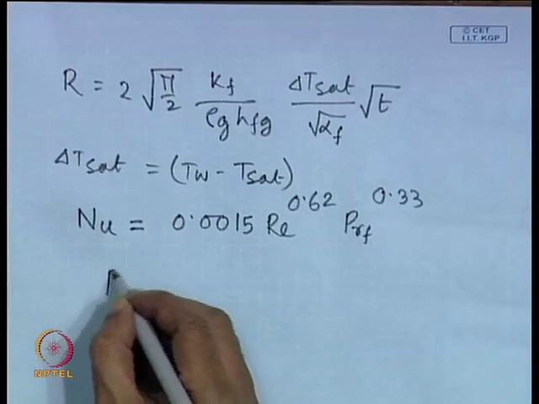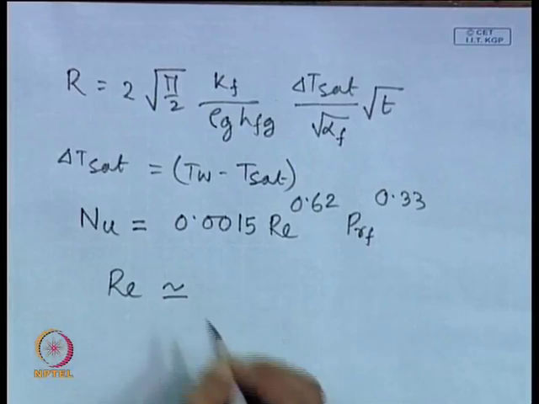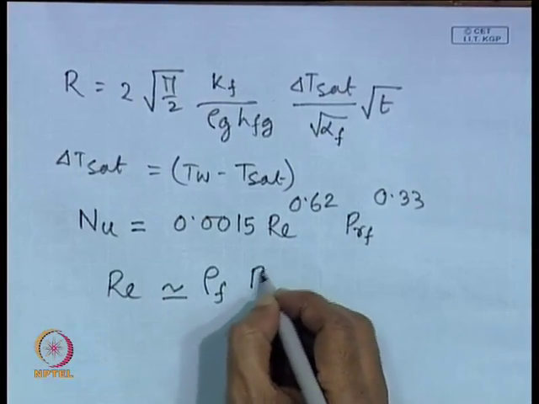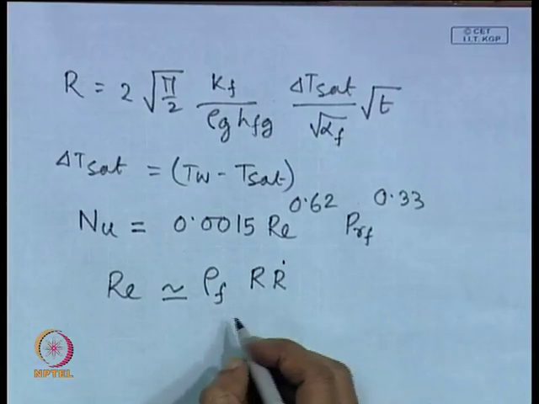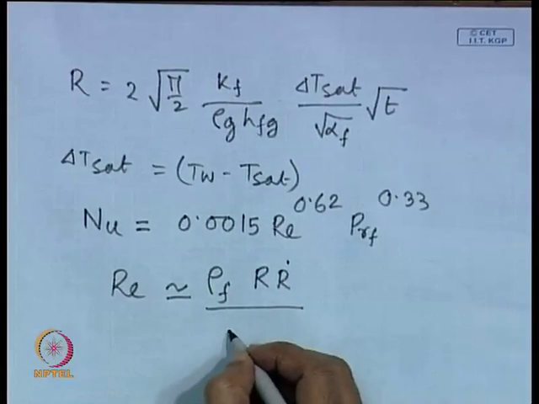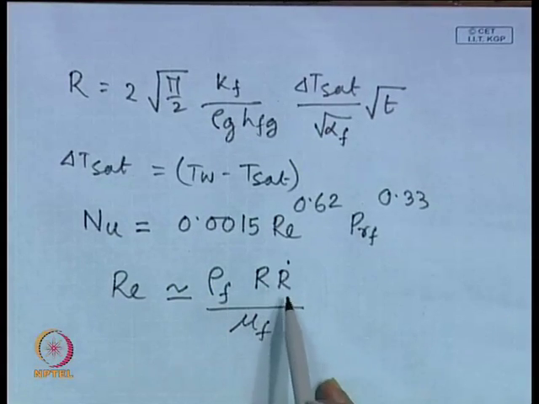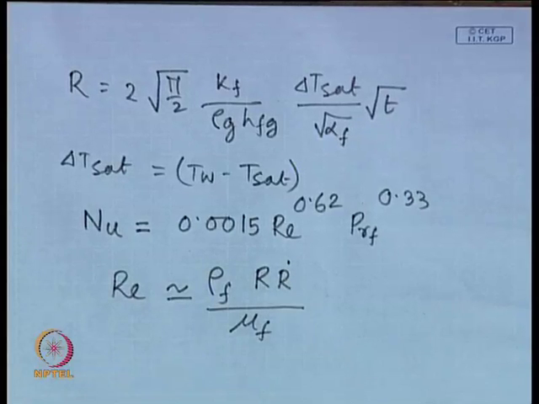Reynolds number can be approximately told as rho_f r dr/dt over mu. What I have taken here, for the velocity scale I have taken it proportional to dr/dt, and the length scale I have taken as the radius of the bubble.